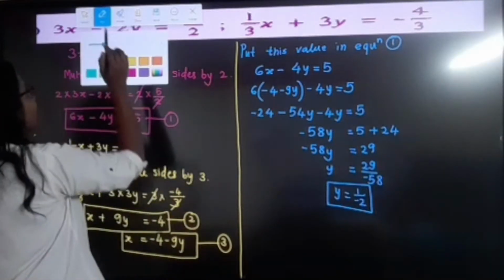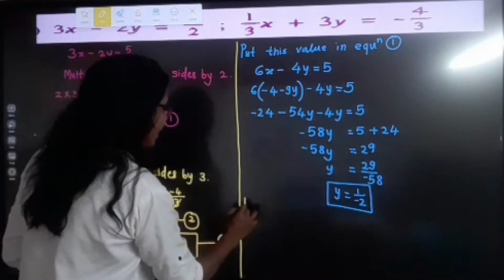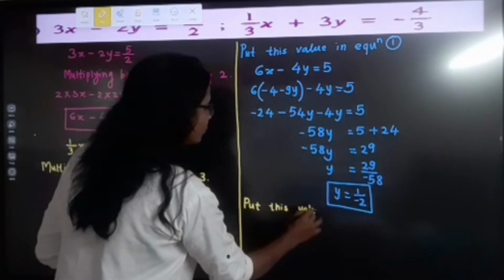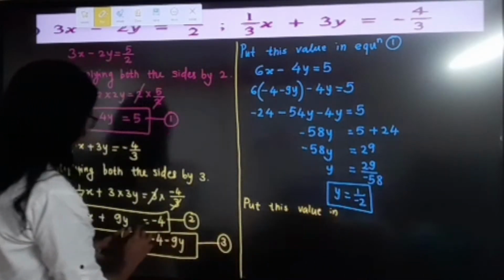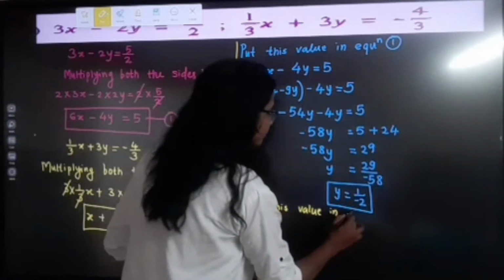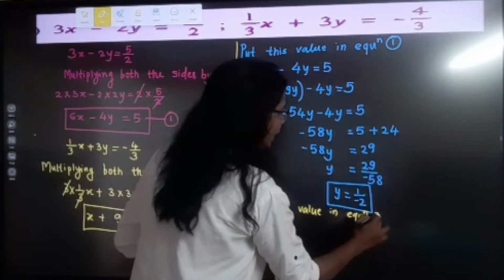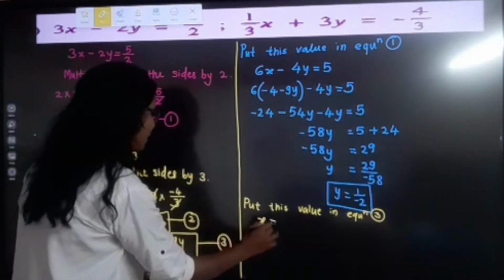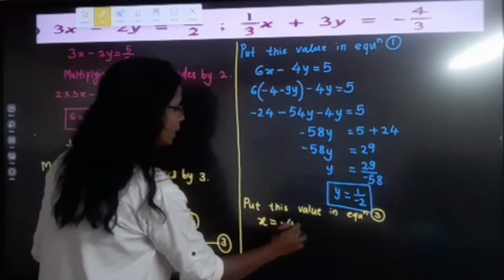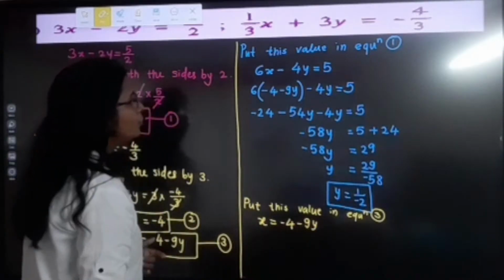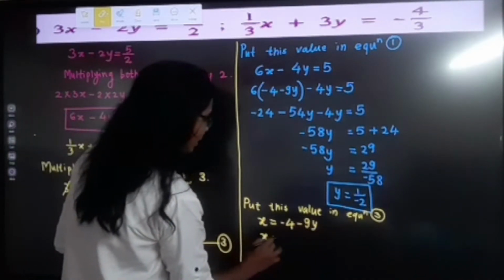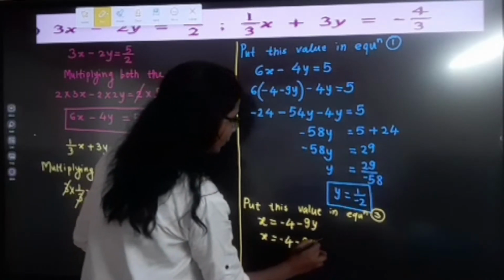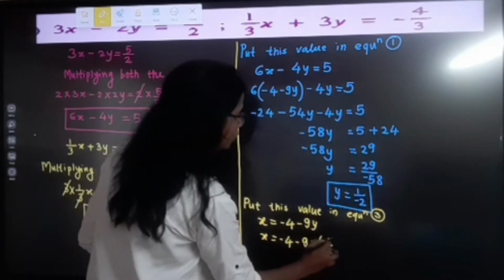Now the next step is to put this value in equation 3. Then we can get the value of x. So x is equal to minus 4 minus 9y. So x is equal to minus 4 minus 9 into minus 1 upon 2.